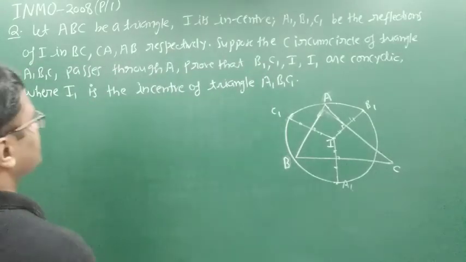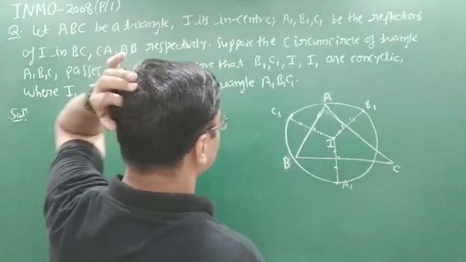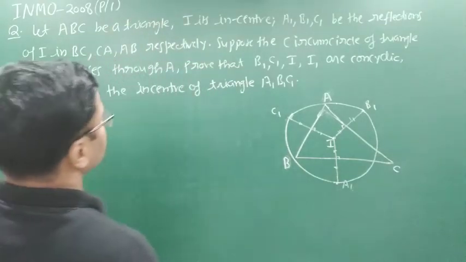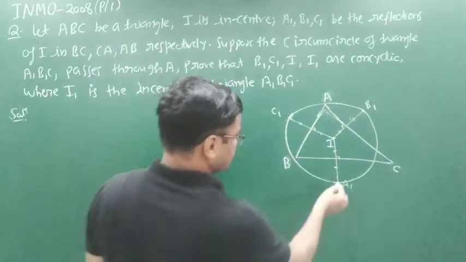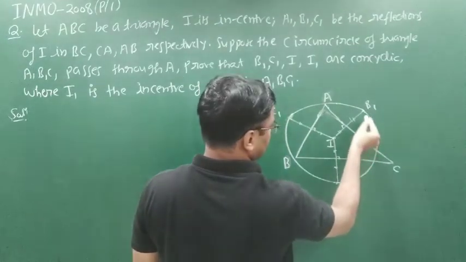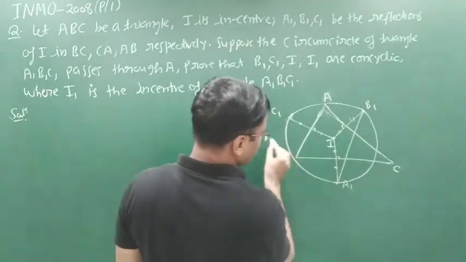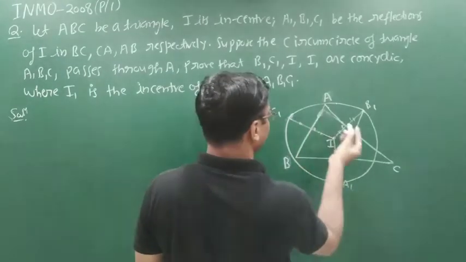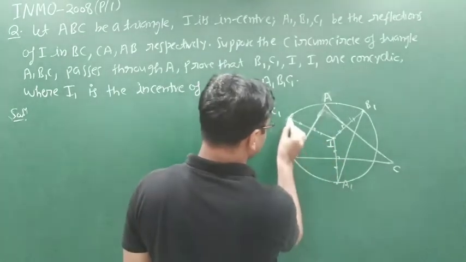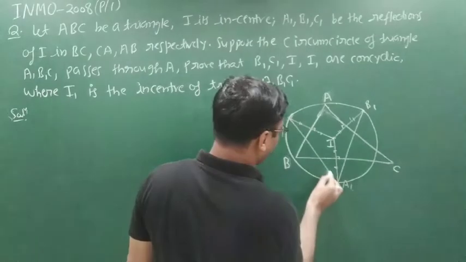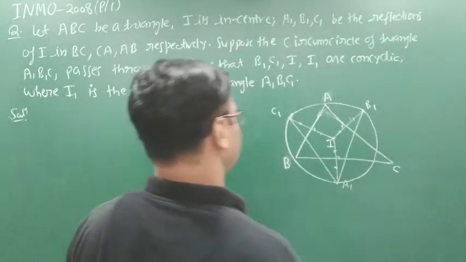Now we have to show that B1, C1, I1 are concyclic. So we join A1B1, B1C1, and A1C1.